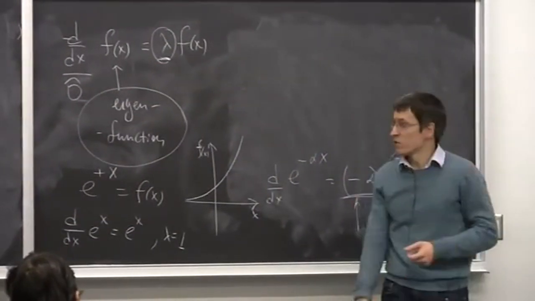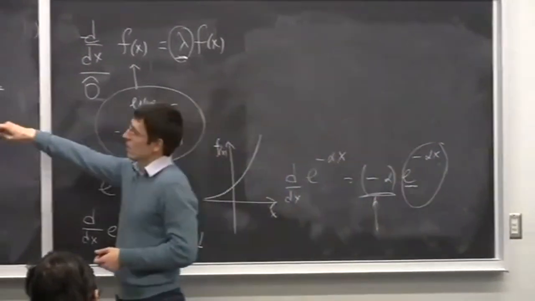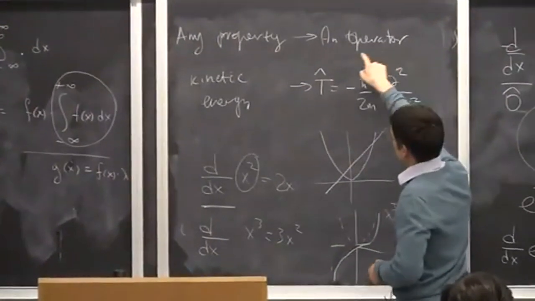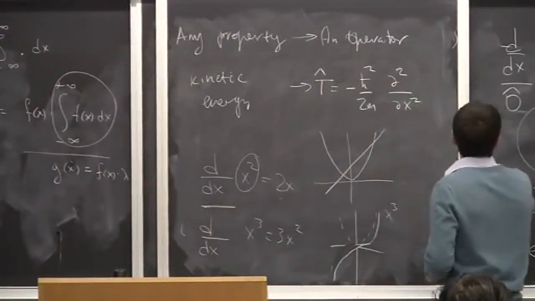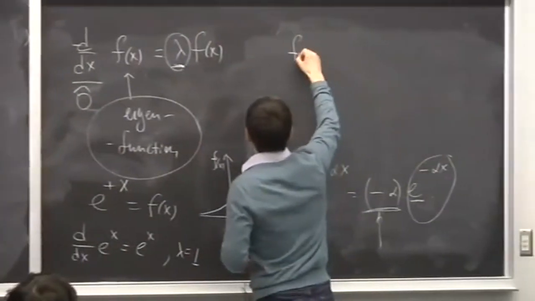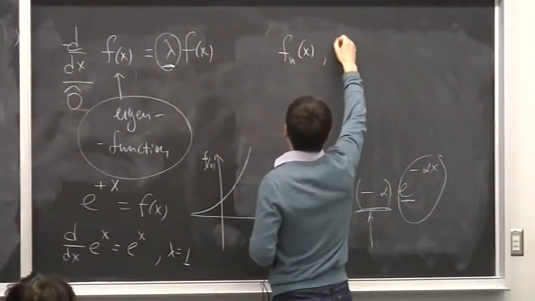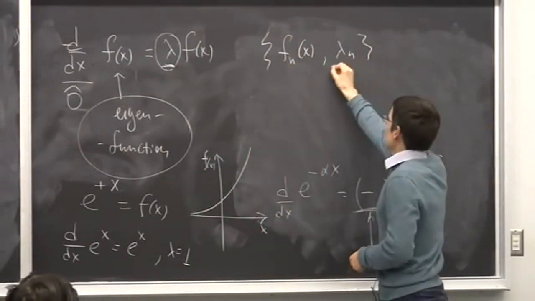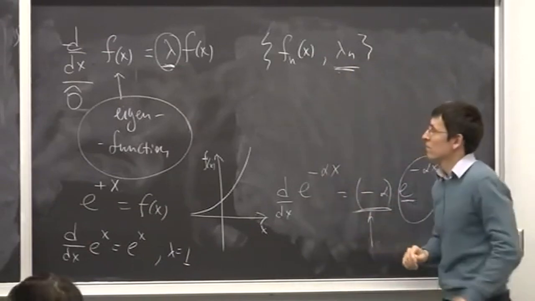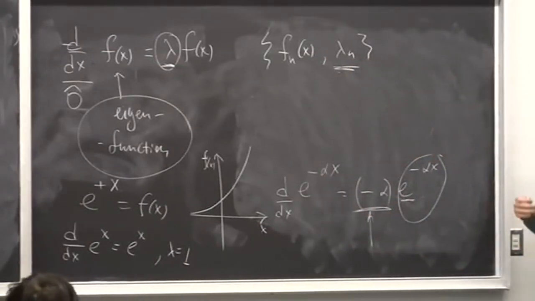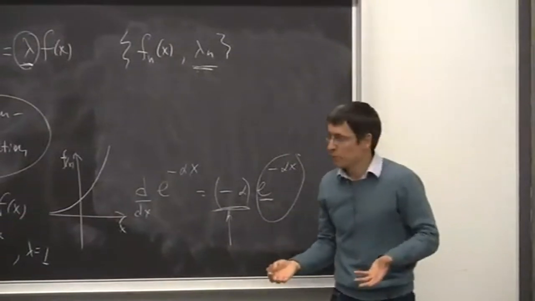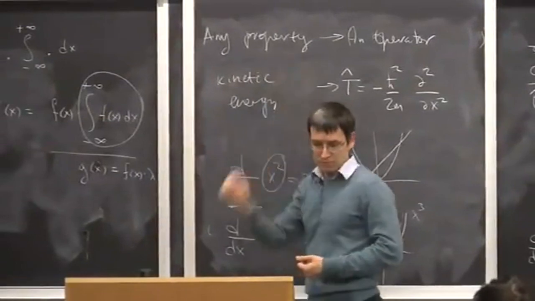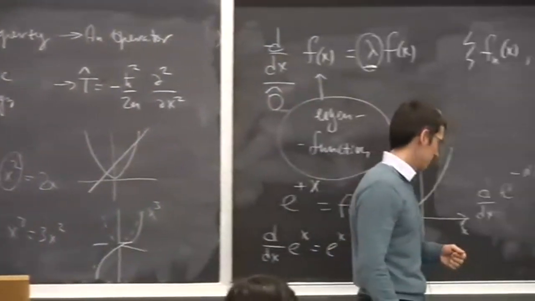So if every property in real life has an associated operator, and every operator has its system of eigenfunctions and eigenvalues, then the eigenvalues are the results that come from the experiment when you measure a property associated with the operator.